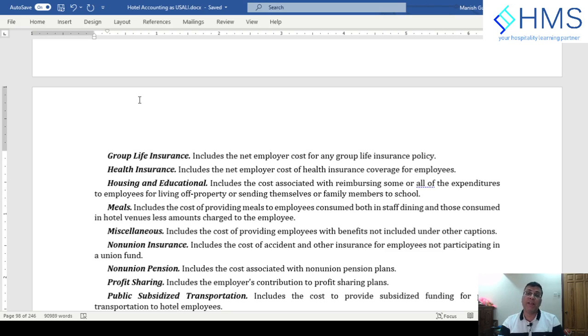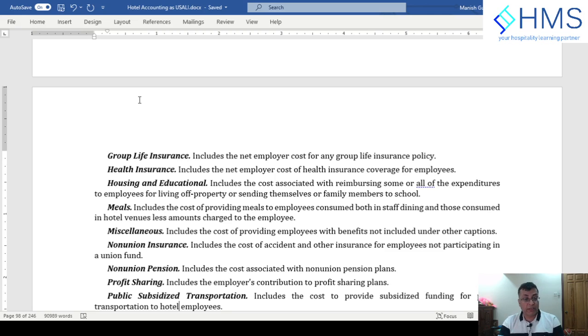If the company is providing housing facilities in their compound, or a school in their compound, the cost of that school or that housing will go into this line item. Then you have meals provided to the employees, maybe in the canteen or even in the restaurants. They will be charged here, but if any amount is recovered from the employees, it will be netted off. It will not go as revenue.